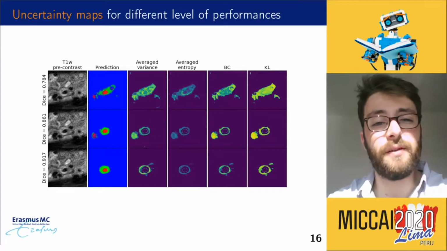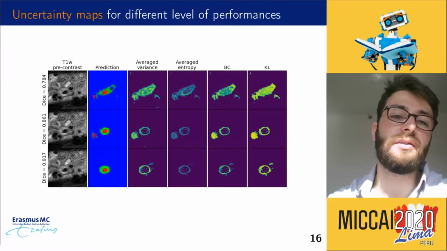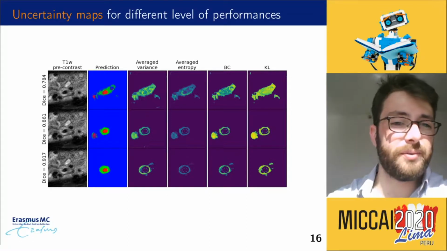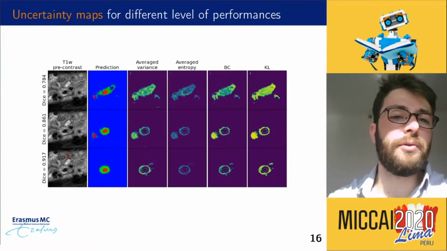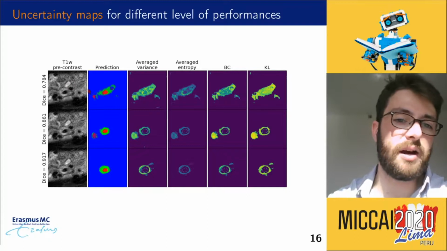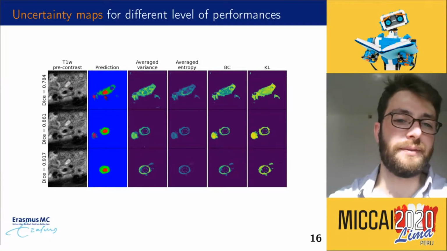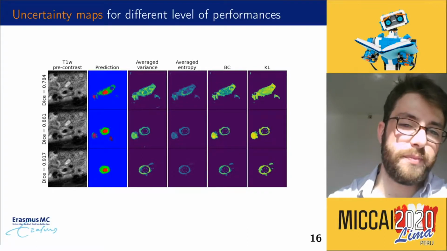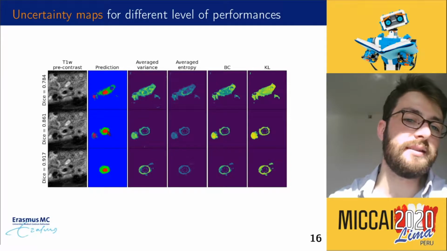Now, to give even more insight into how different all those experiments are, we took, for a given patient, the same patient, 3 models that segmented the carotid artery. The first one performed poorly. The second one performed better, but as you can see, we still have 2 lumens instead of 1.